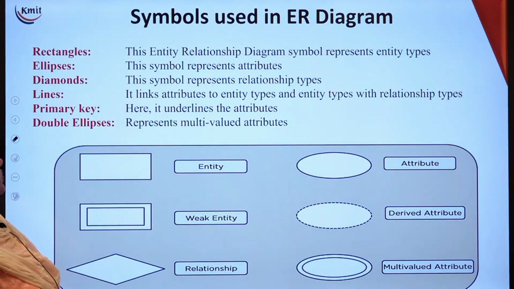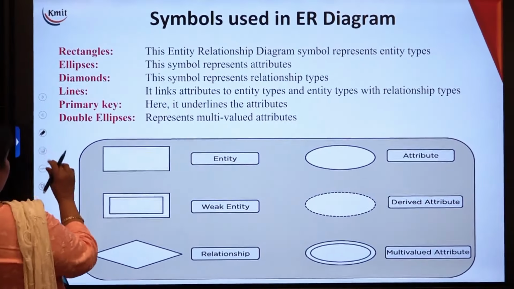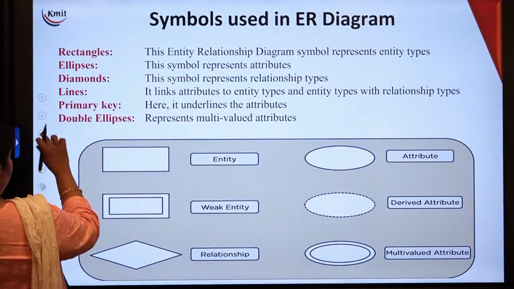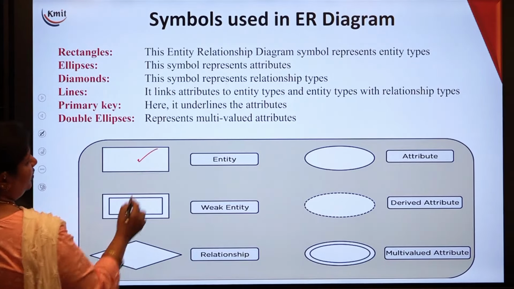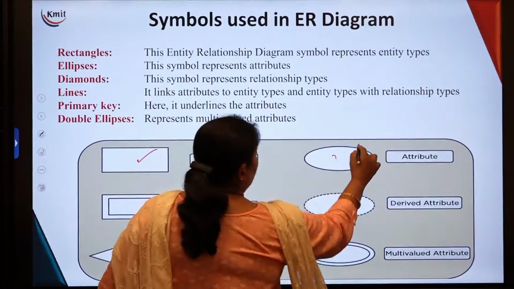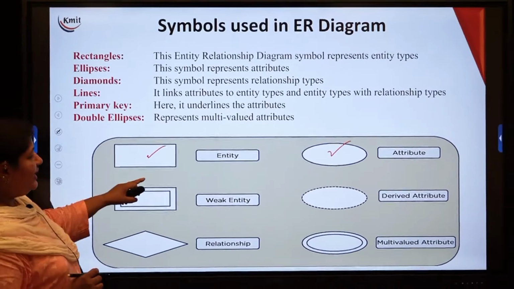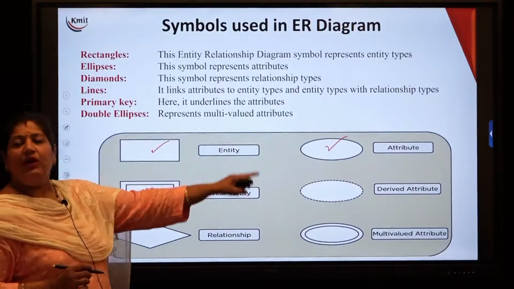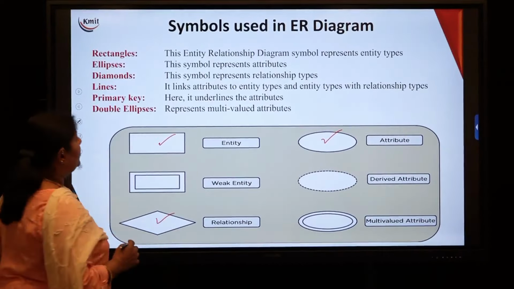The symbols used: an entity is represented using a rectangle. Attributes will be represented using an oval, and entity types have differences, which we will see later. A relationship would be a rhombus.